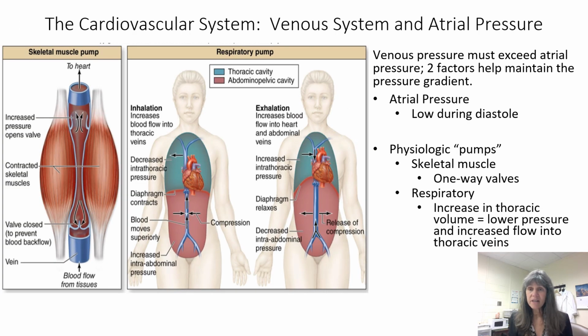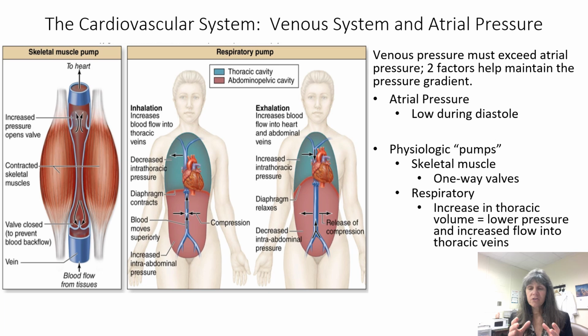So remember that venous blood has got to come back to the right atrium of the heart, and there are two factors that help to push that venous blood back against gravity towards the heart and help move it into the heart.